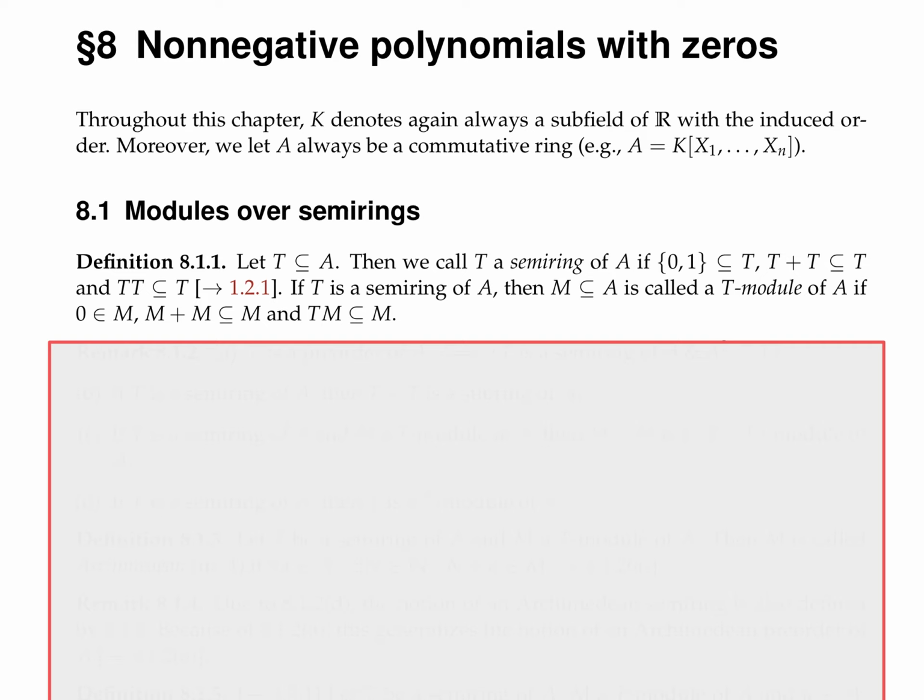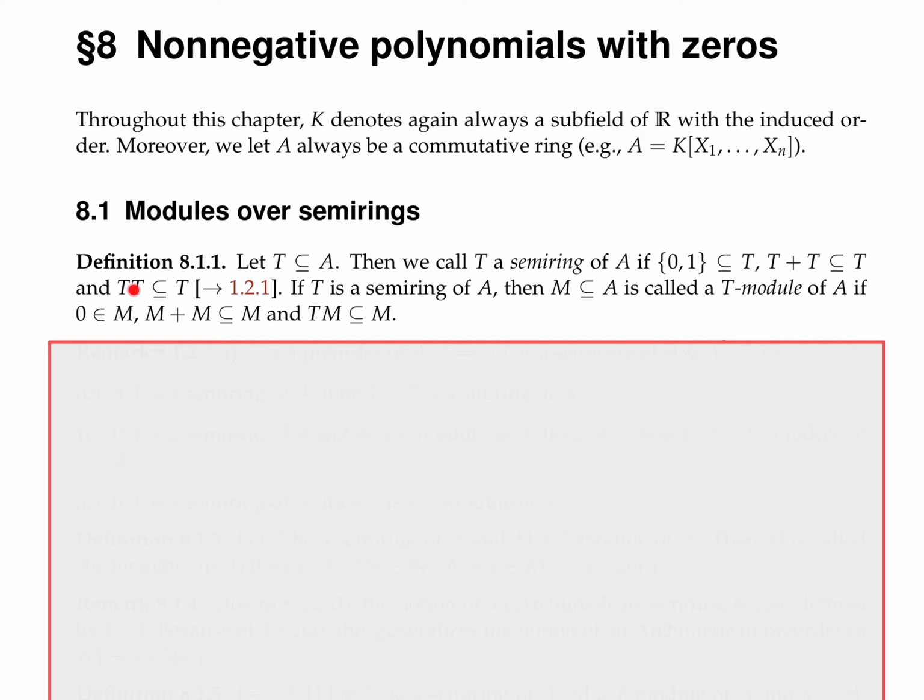You can also compare it to the definition of a cone, right? For a cone, if the field of real numbers is a subring of A, and if you take for T the set of non-negative reals, then you could do this.